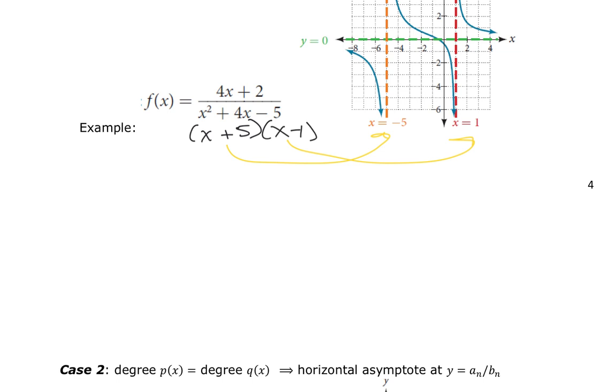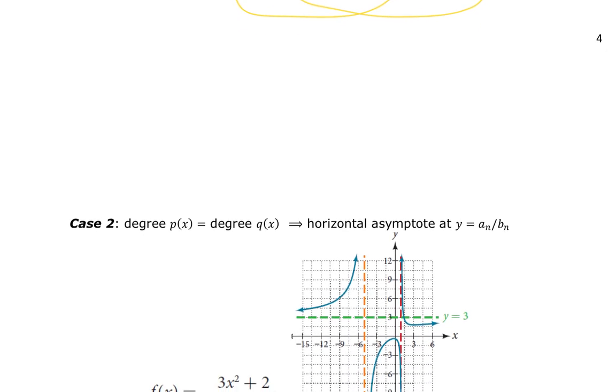as vertical asymptotes. The next case is when the degree of the numerator polynomial equals the degree of the denominator polynomial q of x. The horizontal asymptote is the leading coefficient of the numerator divided by the leading coefficient of the denominator polynomial.